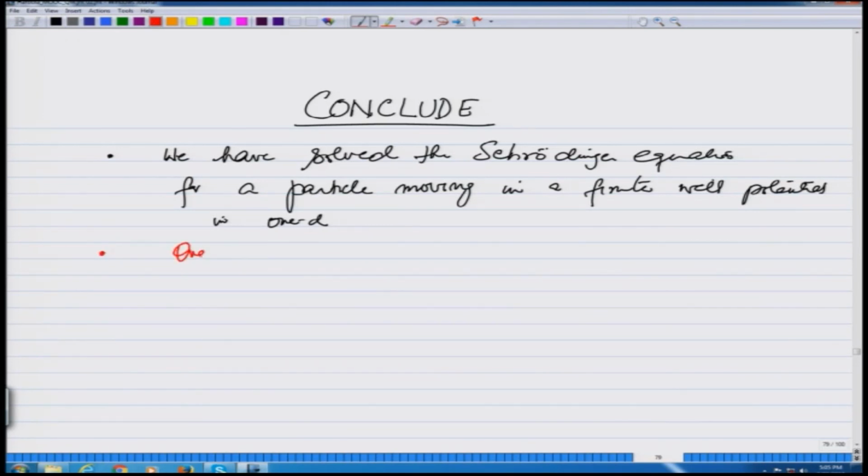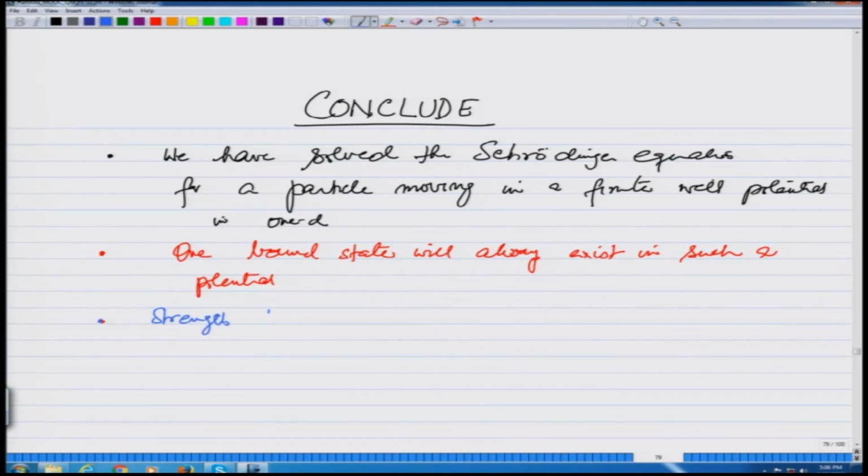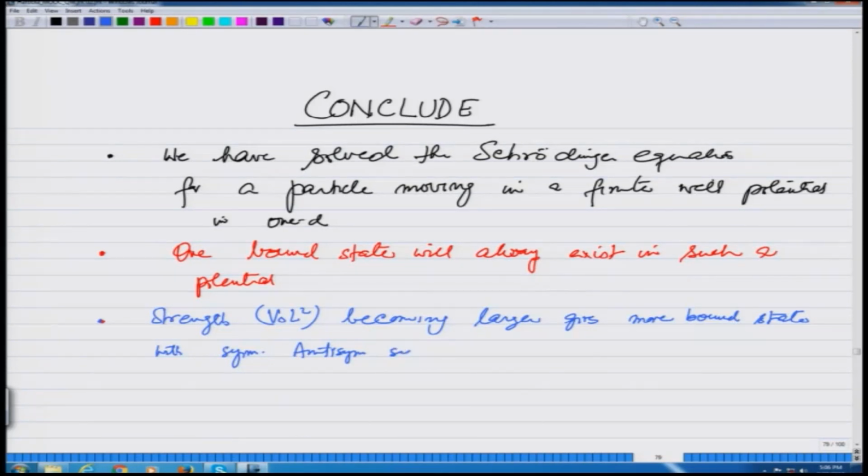Second, one bound state will always exist in such a potential, and strength V naught L square becoming larger gives more bound states with symmetric, antisymmetric, symmetric, antisymmetric sequence.